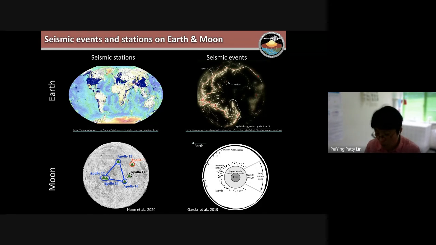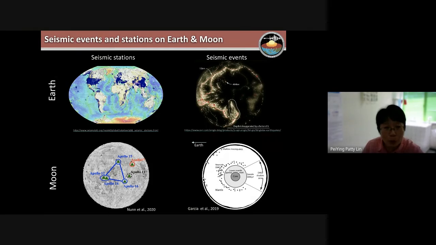Also, the Moon is not quite seismically active, so there are not many seismic events compared to what we have on the Earth. Even so, we are still trying to use this data set to learn more about the Moon, because it is very precious.